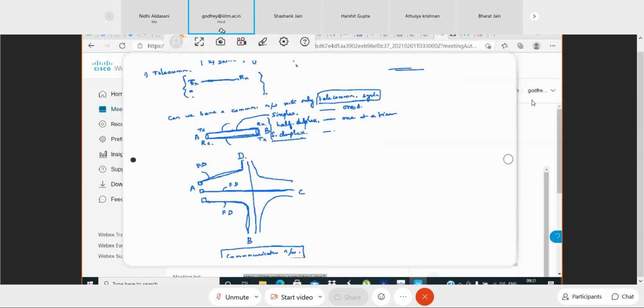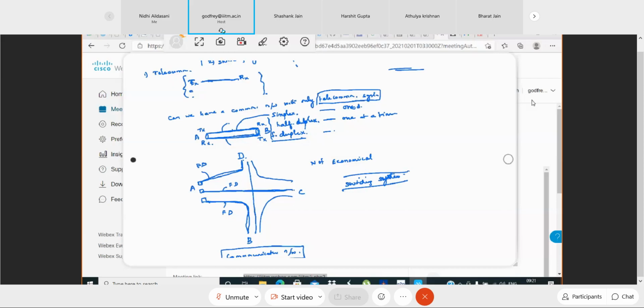So it means that there is replication of links, and replication of devices, at every level, right? So this is not going to be economic. So you need a system called a switching system, which should be able to help us.